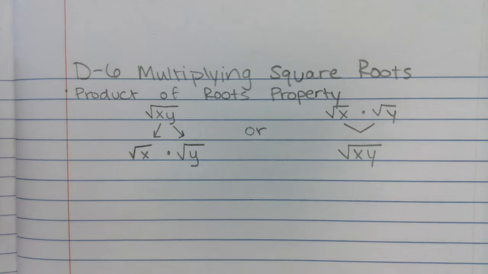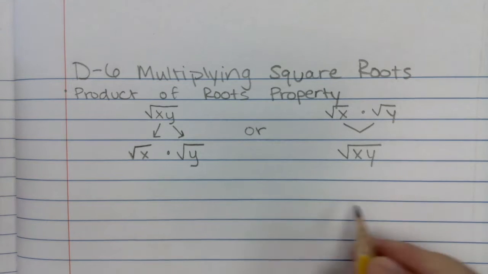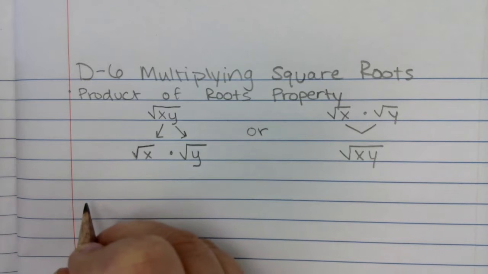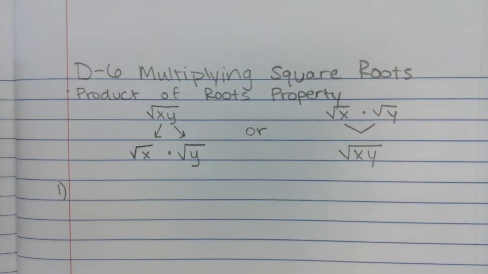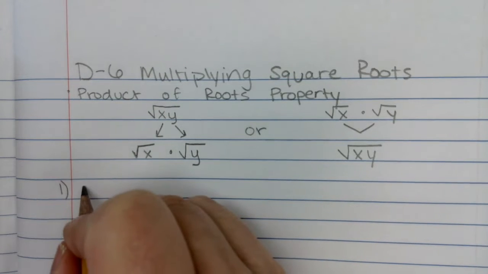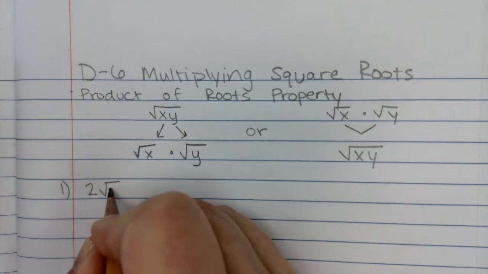All right, we have a couple examples here. We're going to start with example number 1. We have 2 square root of 2 times 4 square root of 5.